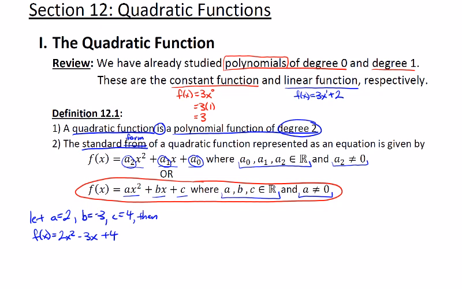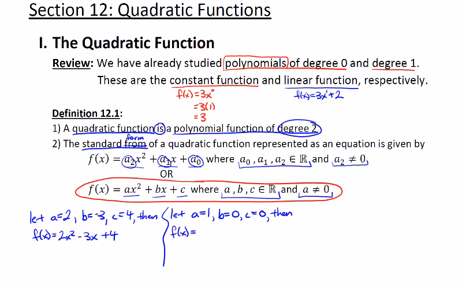Let me try another version of this. I'm going to do something a little bit simpler. I'm going to say let a be 1, b equals 0, and then c also equals 0. And if I do that, then my equation looks like this.